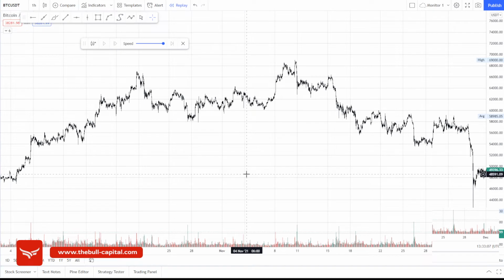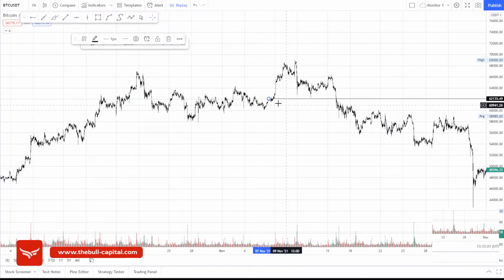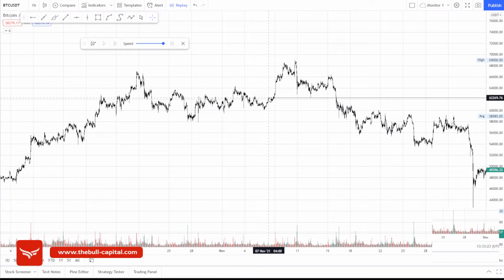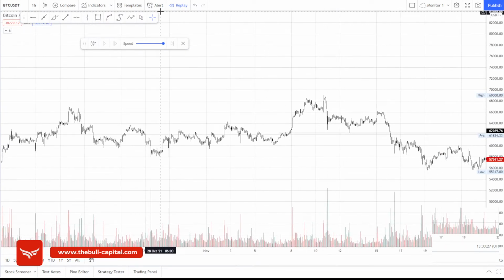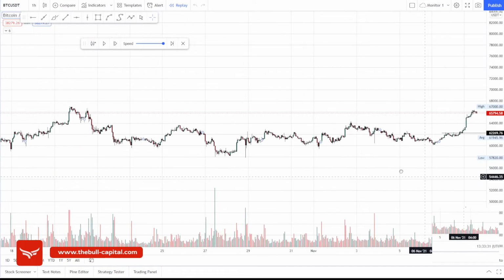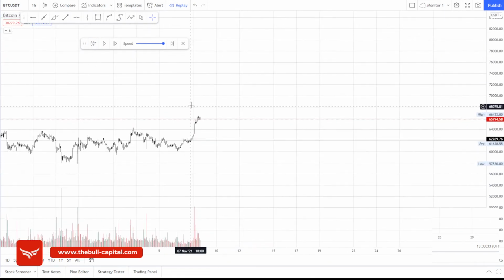We are on 1 hour time frame. Yeah, this is a break level here. Yeah, this is a break level, and in the future it's going to act as a hold level.